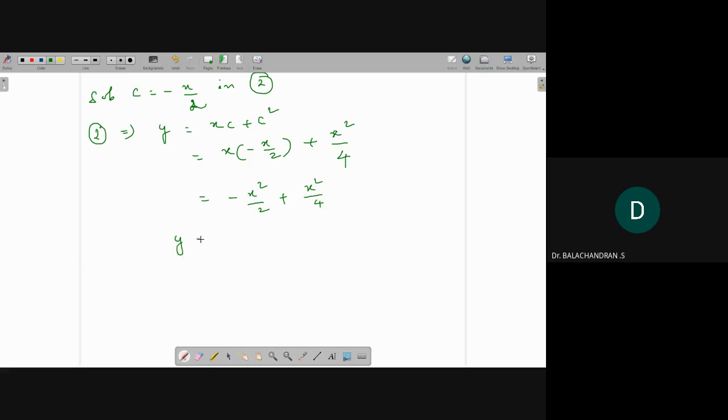So y equal to minus x square by 4, or 4y plus x square equal to 0, which is a singular solution of the given problem.